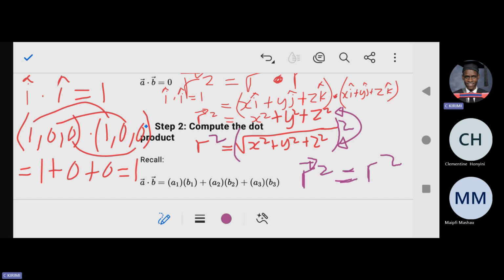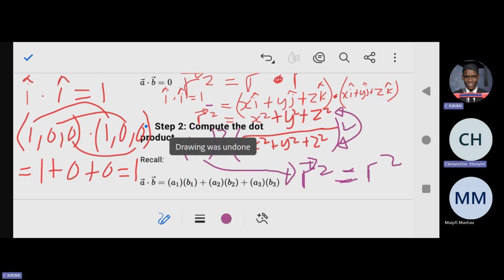Is it clear? Yes. If I square the left-hand side, I also square the right-hand side, r squared. I'm going to arrive at this point, where the r on top, which is this one, is equivalent to r squared. Any question?